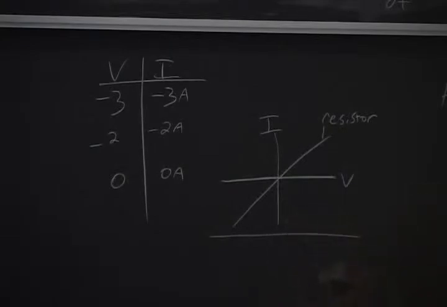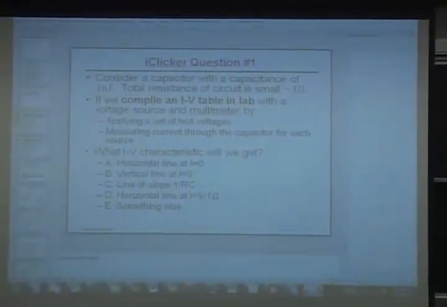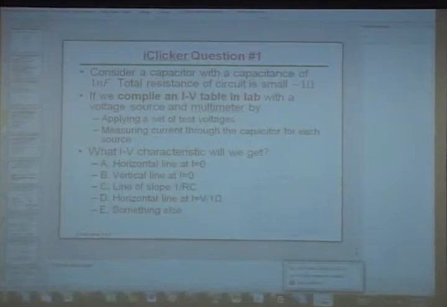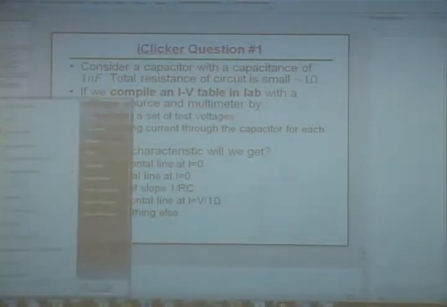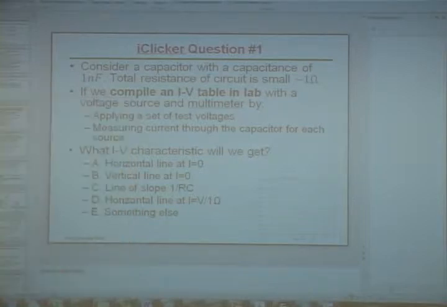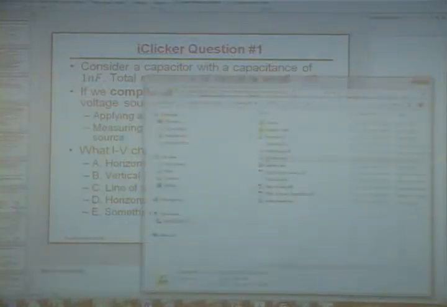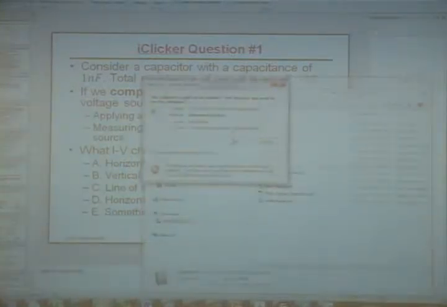So I'm kind of curious. If we go back to the capacitor one, let's see what you guys said. It'll let me go back. Oh, there's an anonymous question? Sweet. All right. Let's see if it'll let me open the database.